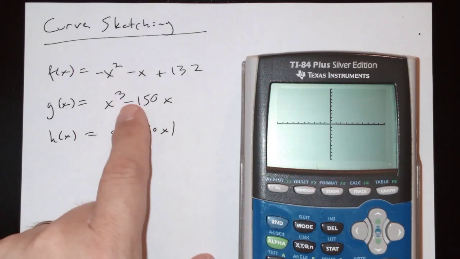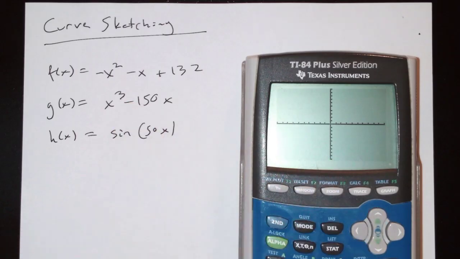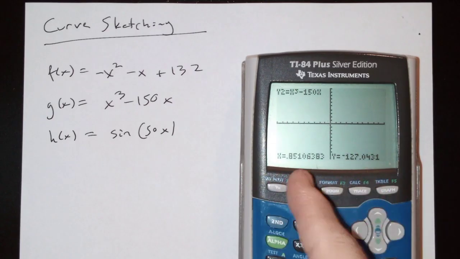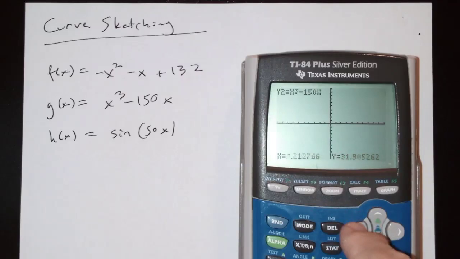I've graphed both of these functions, and all I see is an empty screen. It's on there. It's got points. It's graphing this function.